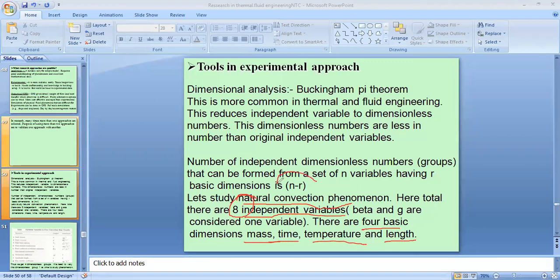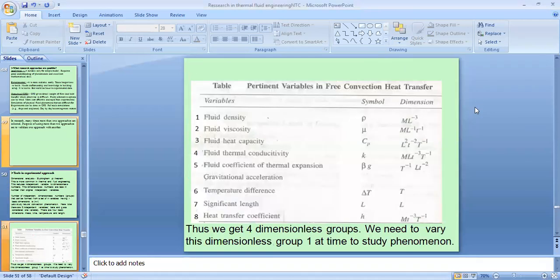We only have to remember this: the number of variables minus the number of basic dimensions. So 8 minus 4 is 4.